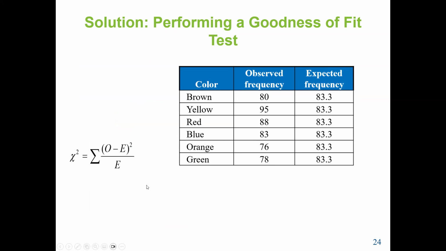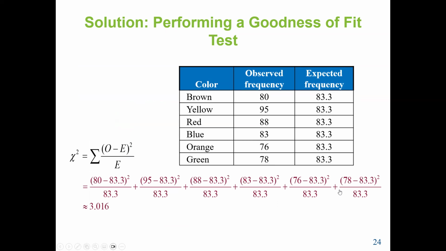So here we can do the same mathematics: the difference of 80 and 83.3 divided by 83.3. Since the expected values are the same, we divide by the same value throughout. And that gives us 3.016. So that will be our test statistic.